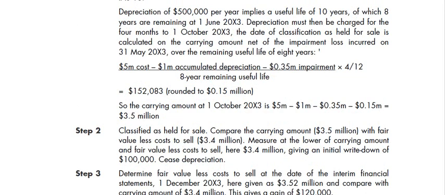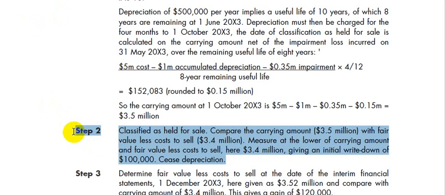There's an impairment, which is our step 2. 3.4 minus 3.5 gives us the fair value is lower than the carrying amount, so we've got an impairment of, sorry, 100,000. Impairment of 100,000.